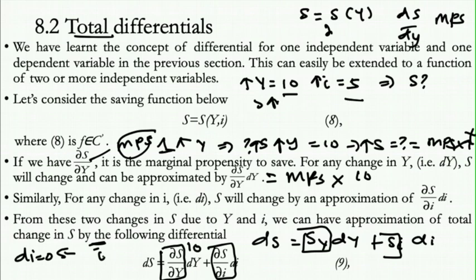Because the interest rate is constant, DI is 0. If DI is 0, this term doesn't exist, and we are left with this one. Then it becomes, basically, a differential, only one independent variable and one dependent variable.